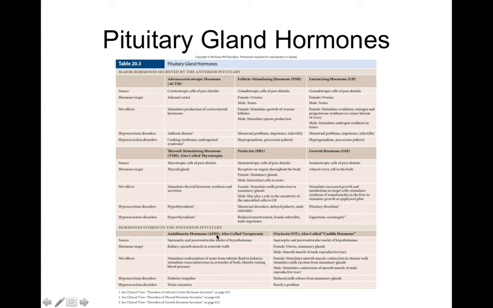Now, by the posterior pituitary, we have things like vasopressin and oxytocin. Vasopressin is also called antidiuretic hormone, and it has a variety of different effects. One of the effects of antidiuretic hormone, as released by your posterior pituitary gland, is it stimulates the kidneys to reabsorb more water.